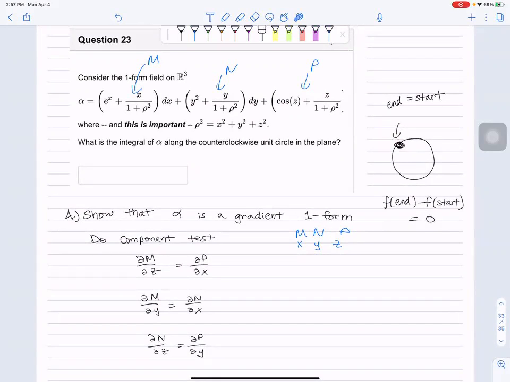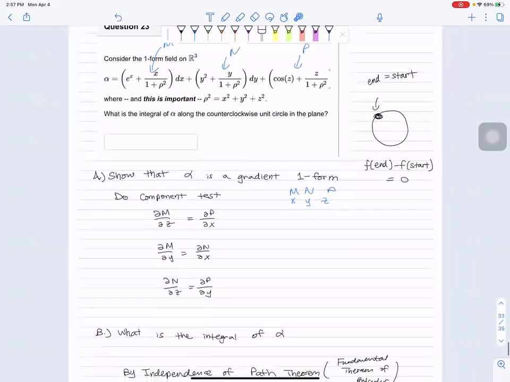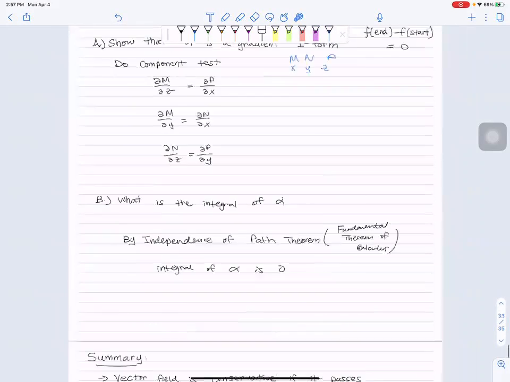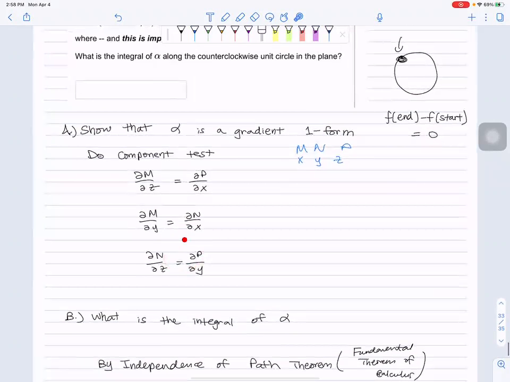So if one of these didn't work, then that means it's not a gradient one form, so you can't just use this nice trick, this theorem.